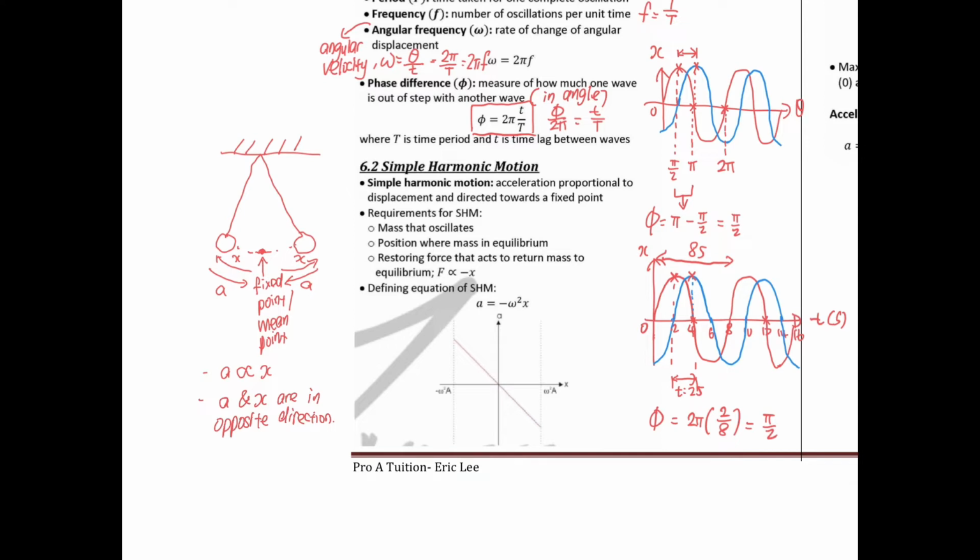So I give example 2 for a situation where it is not mass that oscillates. This is example 1. So example 1 is where mass oscillates. The bob oscillates due to its mass.